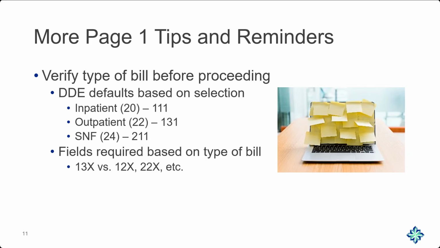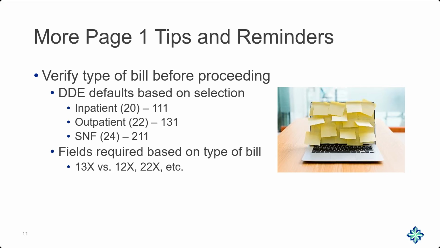DDE defaults to bill type 111 for inpatient, 131 for outpatient, and 211 for skilled nursing facilities. So when you first choose that submenu selection for inpatient, outpatient, or SNF, if you're going to be entering a different bill type, then you have to type over the default with the correct type of bill.